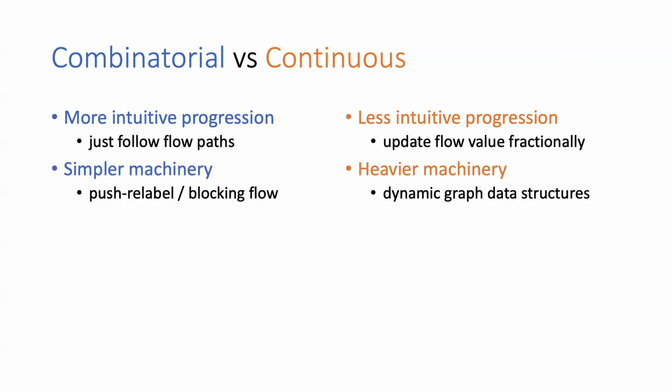And the combinatorial algorithms often use simpler machinery, so push label and blocking flow are all pretty elementary things, whereas the continuous optimization methods, all the current such algorithms use heavier machinery, and they need to use dynamic graph data structures to really speed up the algorithm.